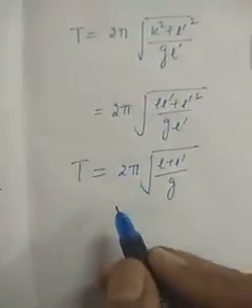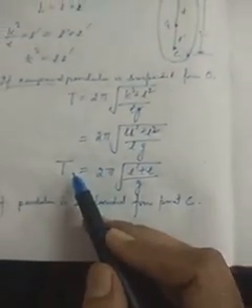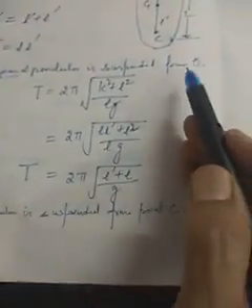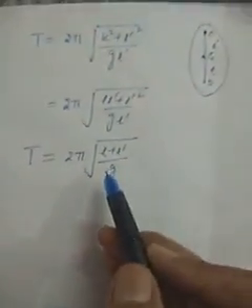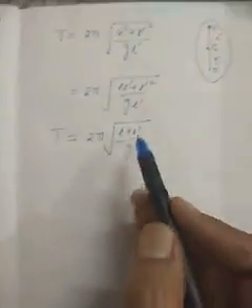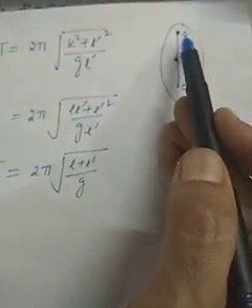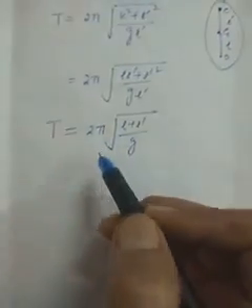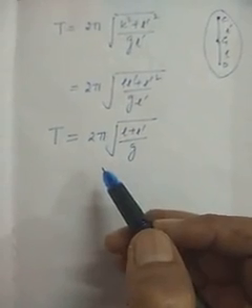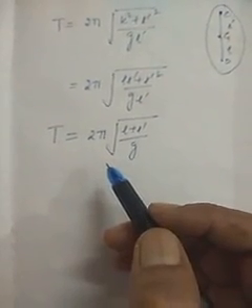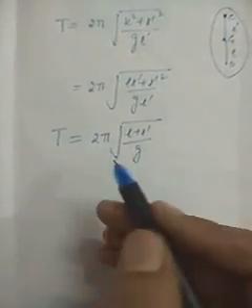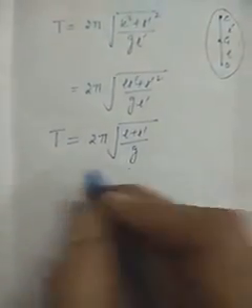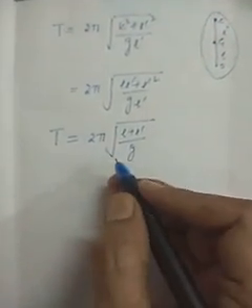You can see that the expression for time period in both the cases, when the rigid body is suspended from point of suspension O, and when it is suspended from center of oscillation C, the value of time period is the same. So the center of oscillation and the point of suspension are interchangeable.